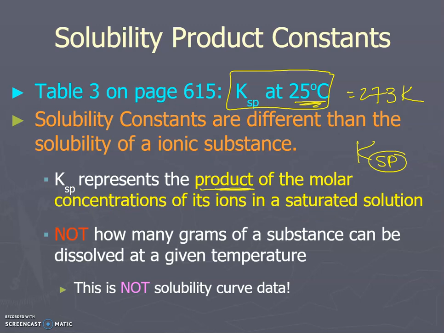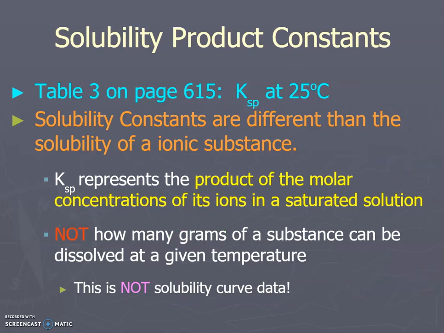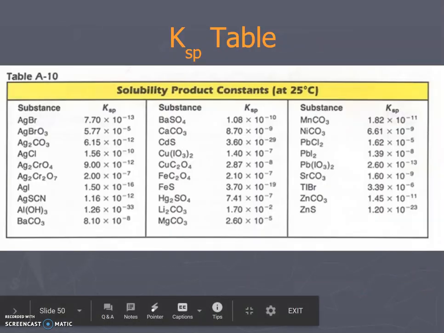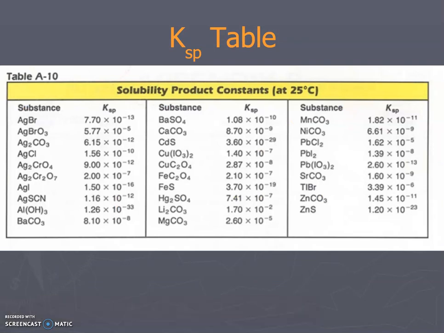This is not what we went over in the solubility curves. This is not how many grams. This is just going to be the product of the two, and that'll tell you what the equilibrium rate will be. That's pretty important. You'll notice that there are no units for these.